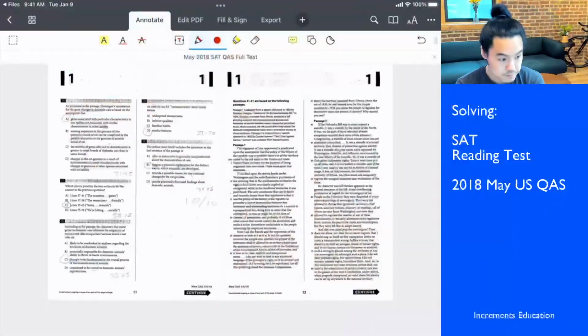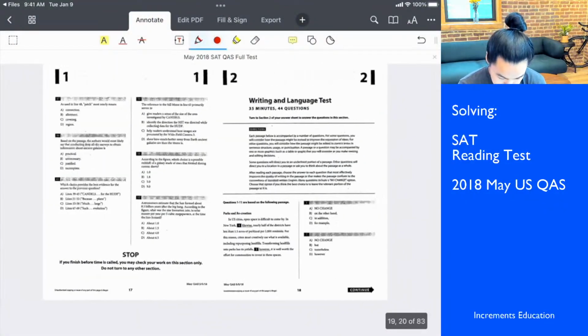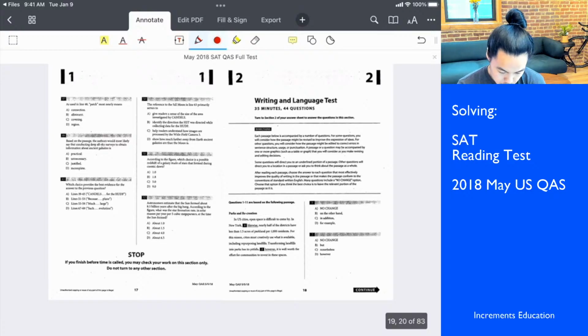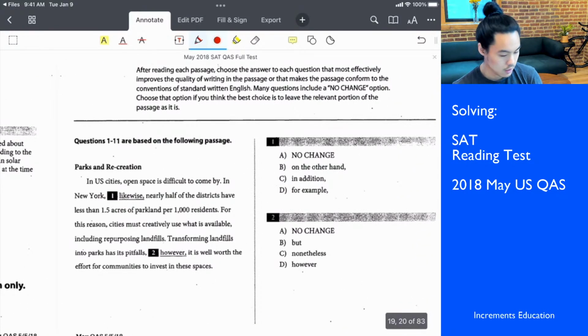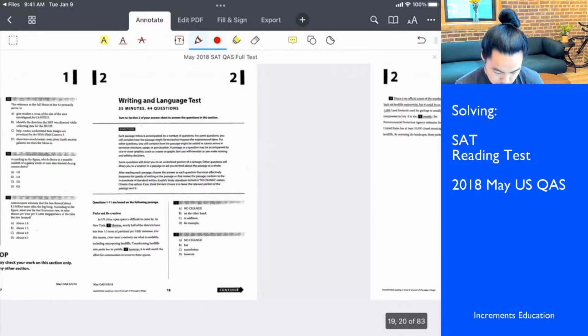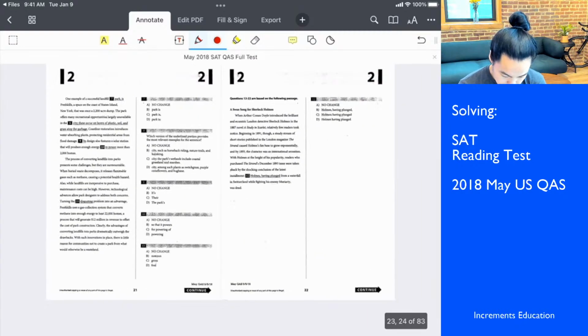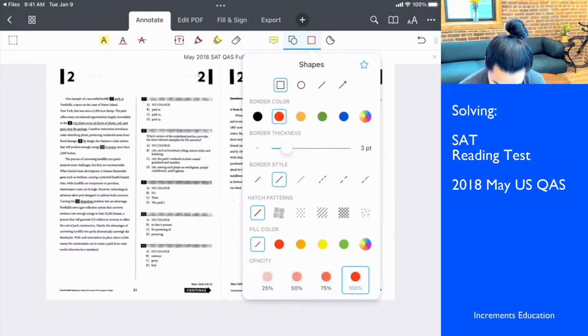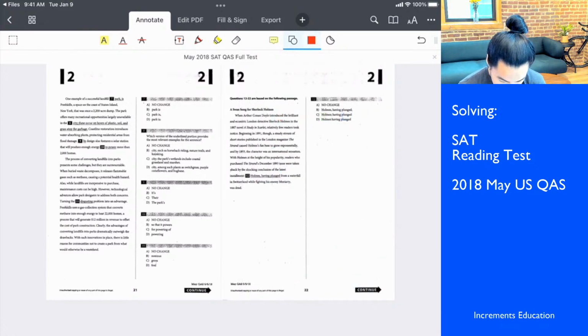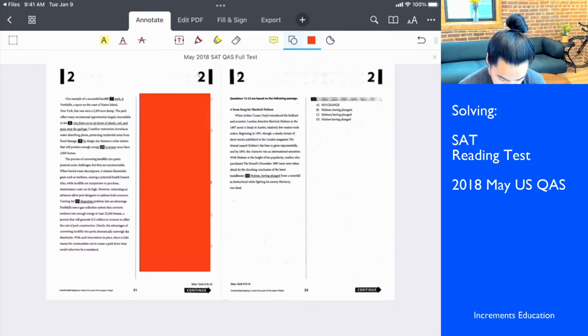Here, I'll actually show you on the page. Okay, just to make it visualizable, I'll use this. And basically what you do, whatever, I'll just use red. Okay?